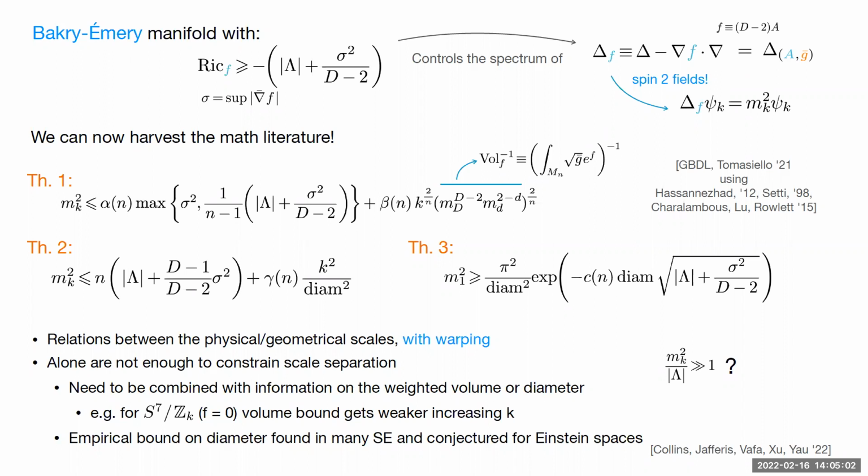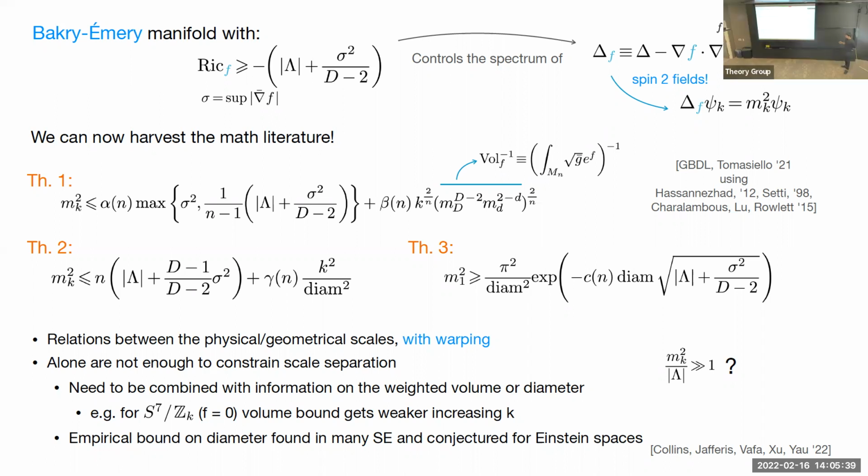So how is the warping coming into the story? Just through the volume? So the warping enters through this constant here, in the volume and in this constant sigma, which is basically the maximum of the gradient of the warping in the internal space. I see. So that's something, for example, in flux vacua, that would be determined by the amount of flux that you could throw in, and so by some topological property of the space, say.